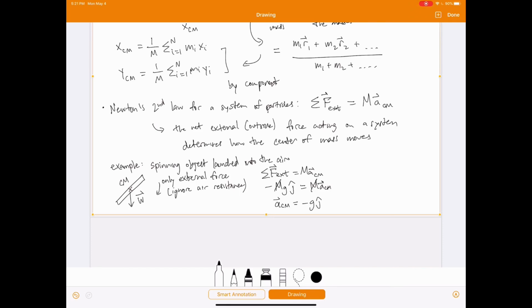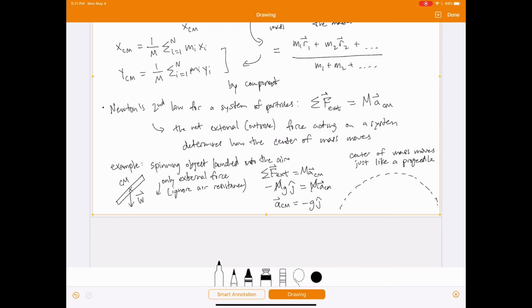Well, we already know exactly what happens when an object has an acceleration of g in the negative y direction, going downwards. It moves just like a projectile. So the center of mass in this case is going to move just like a projectile. Let's actually just draw that path. Projectiles move in these sort of parabolic paths like this.